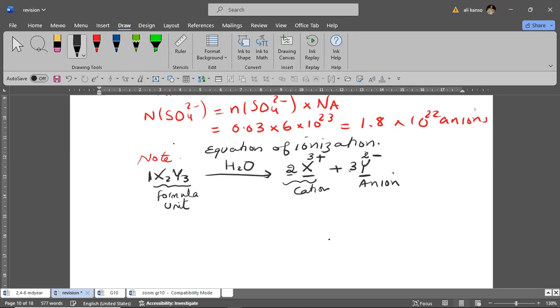The coefficient here is 2. The coefficient here is 3. So 2 with 3 with 1 are called stoichiometric coefficients, but we call them simply coefficients, for short.